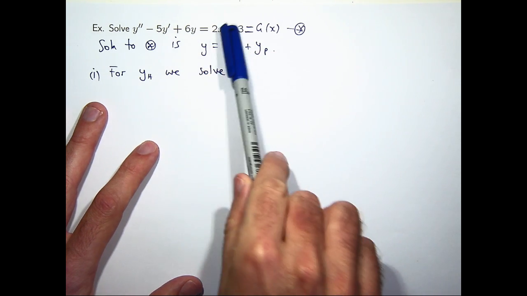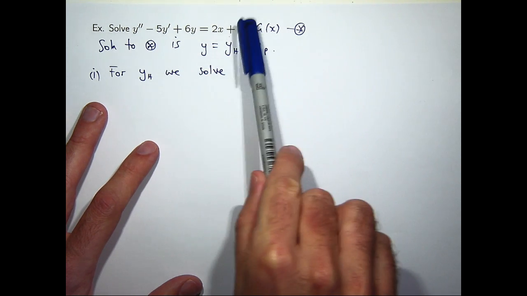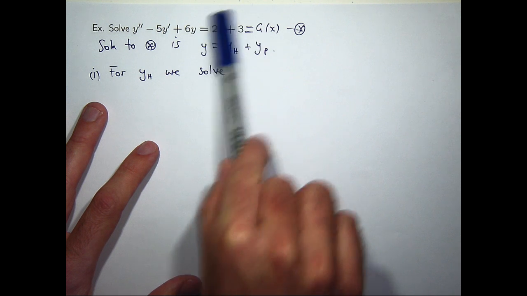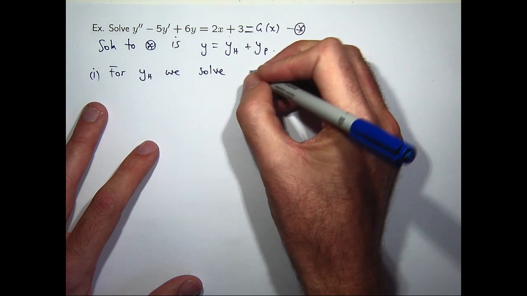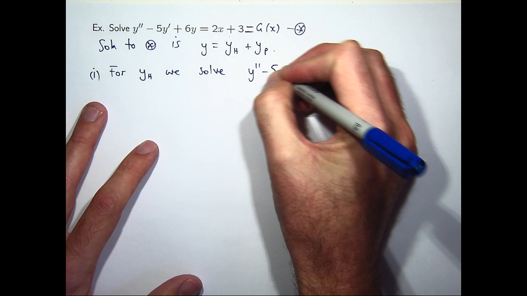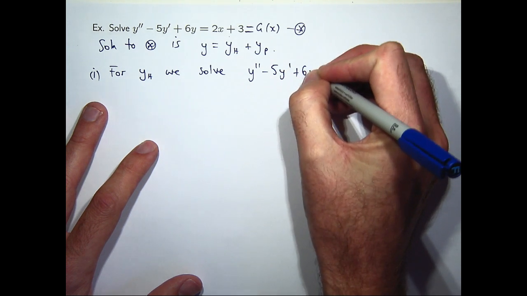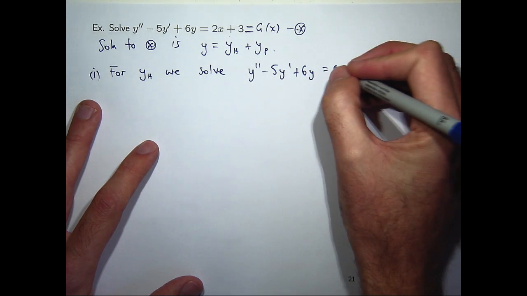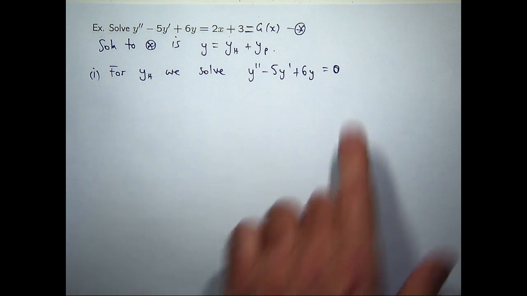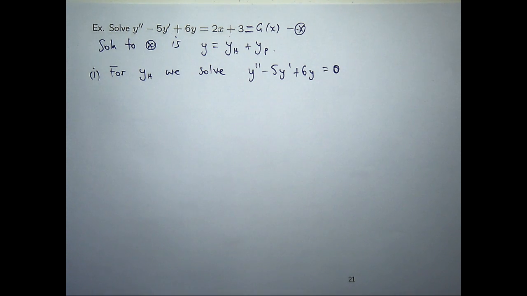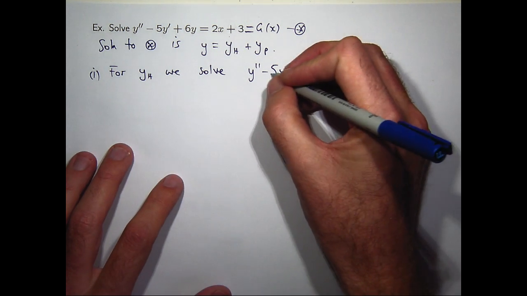So we're going to solve the homogeneous version of star. So I forget about the right-hand side. Essentially, I just change it to 0. And now I have a differential equation there that I know how to solve.